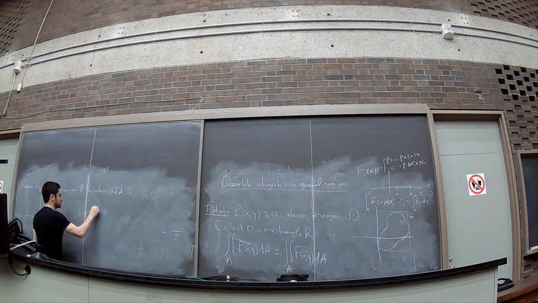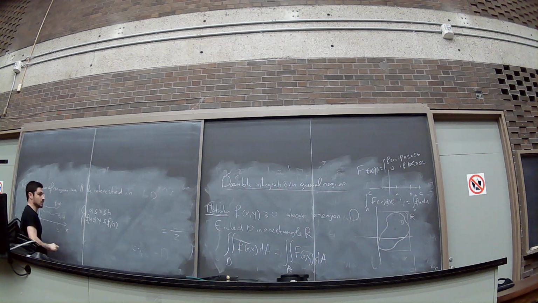So x goes from a to b, and y goes from f2 of x to f1 of x. Have you seen this type of region in Cal 2? You have seen that, right? 100%.